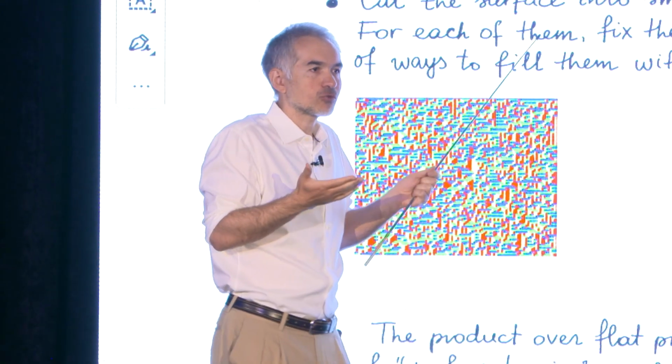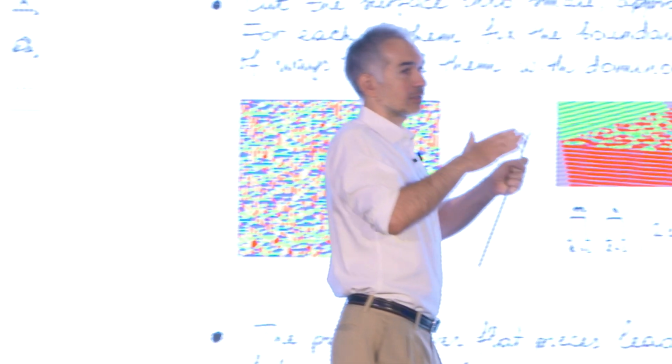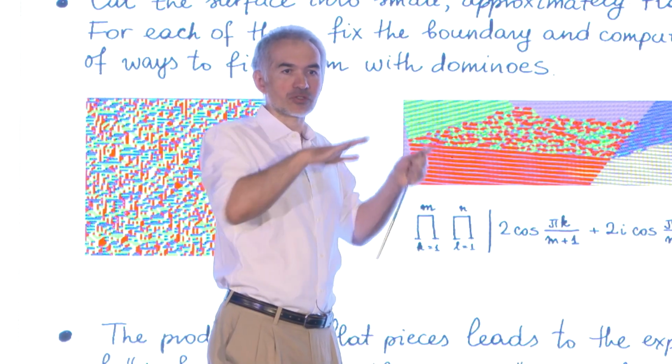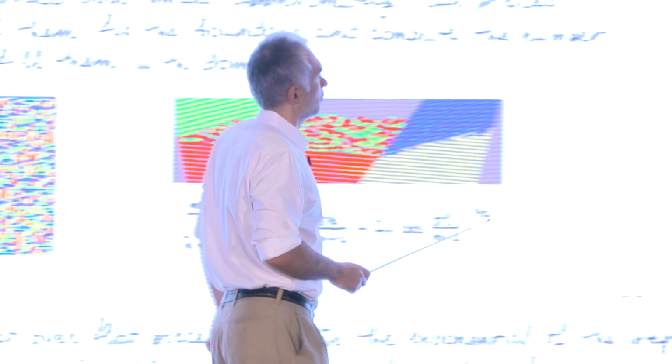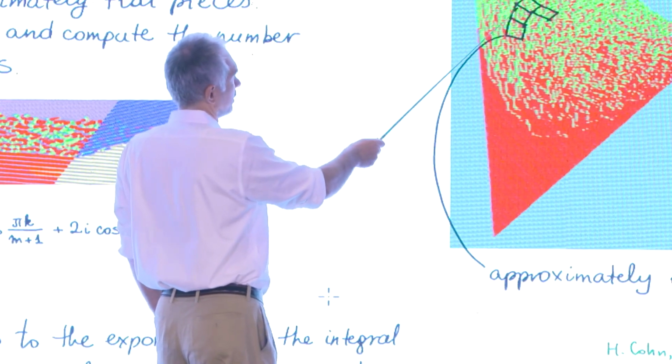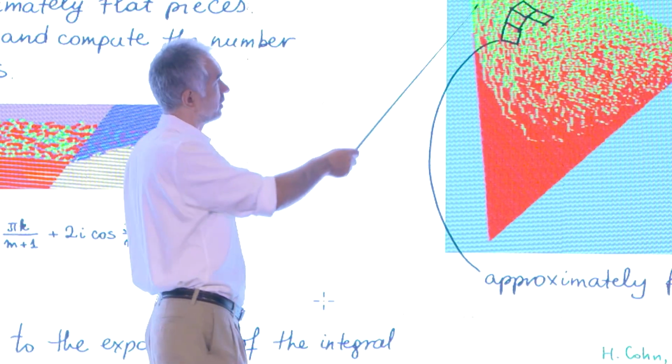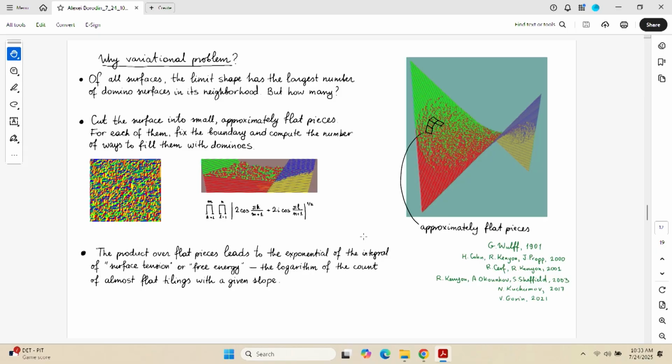So let's try to count how many dimer covers give rise to something in the neighborhood of a given surface. How are we going to do that? Well, I'm going to take a surface and cut it into pieces, which are small compared to the global shape, but still large compared to the lattice size. On each piece, I'm going to fix the boundary conditions, and they're going to be approximately flat, because little pieces of a smooth surface are approximately flat.